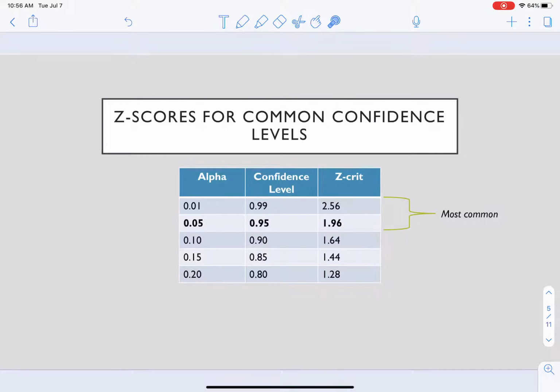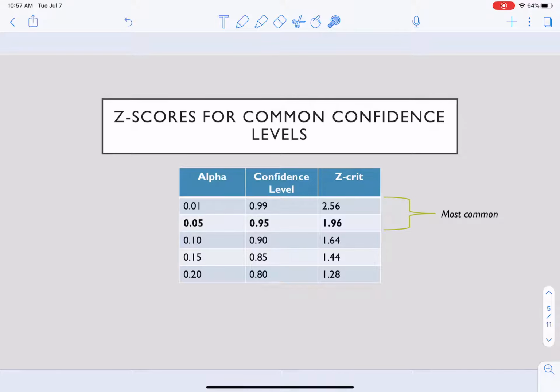And this is all derived from that z distribution that we've worked with all the time. These two are the most common and show up every now and again. It's good to know what these values are, but these two are the major convention in statistics.